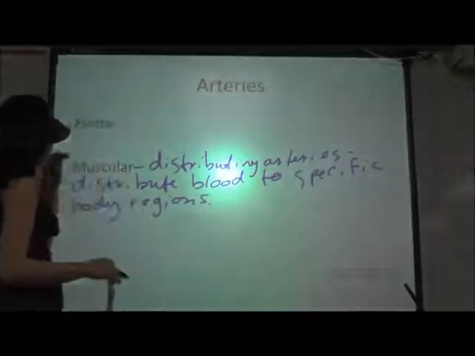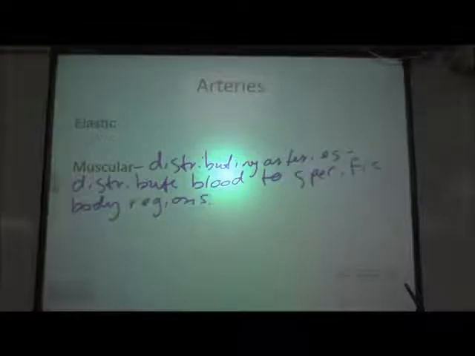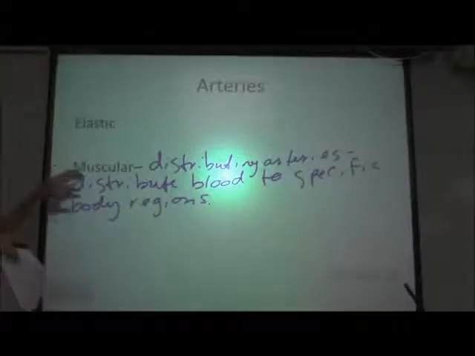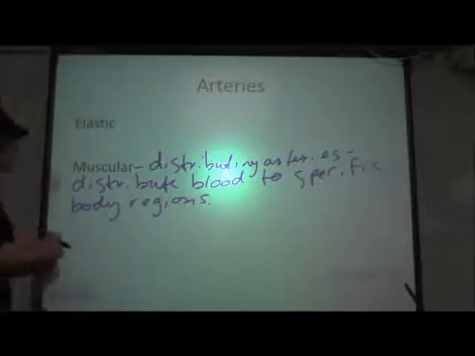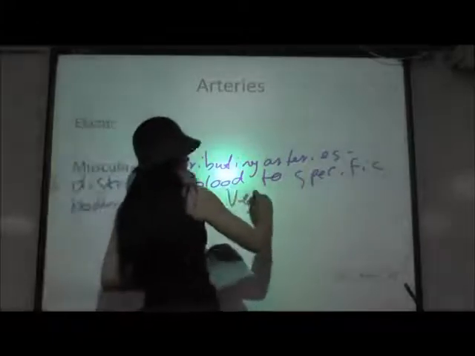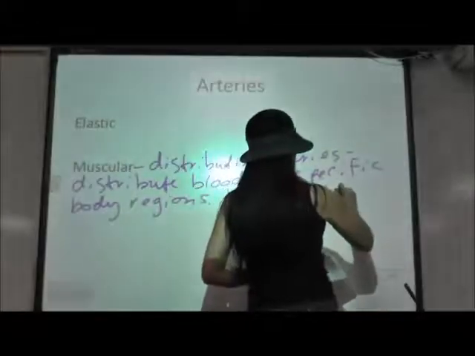Muscular because their tunica media is their thickest layer relative to the other layers. And it's thicker relative to the whole muscular artery than is the tunica media even in our elastic artery. So it's got a very thick tunica media.